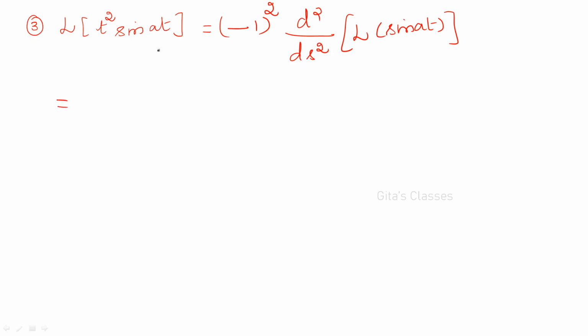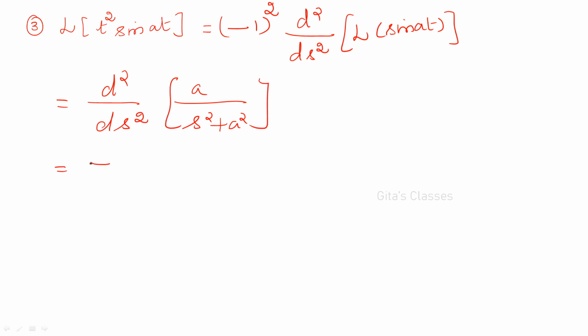That is minus 1 the whole square is 1. So d squared by ds squared of, what is L of sin at? a by s squared plus a squared. That is, once let us differentiate, d by ds of minus 1 by s squared the whole square.